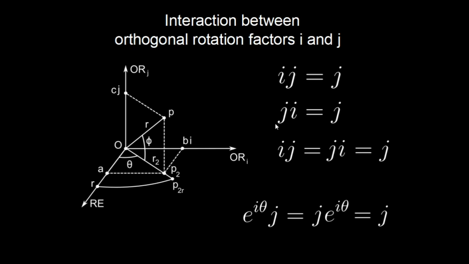For ji, j is considered as a unit vector pointing to the ORJ axis direction. j is rotated by orthogonal rotation factor I, but the rotation generated by I is in this direction, parallel to the ORI plane, and therefore cannot make j rotate.